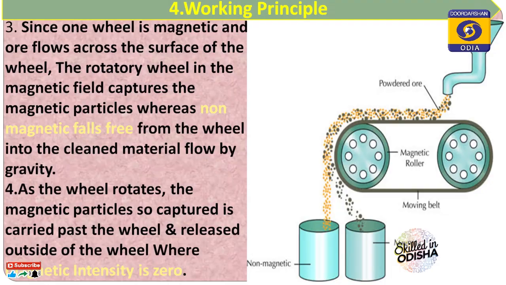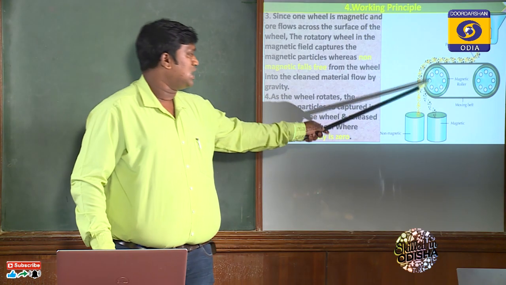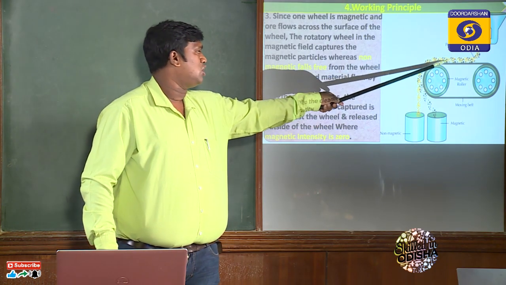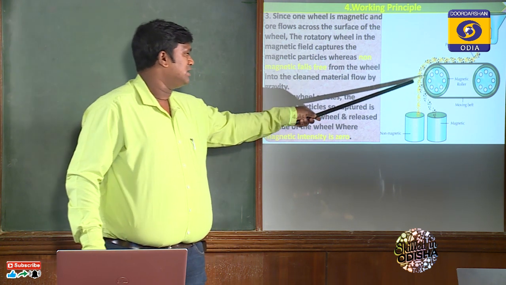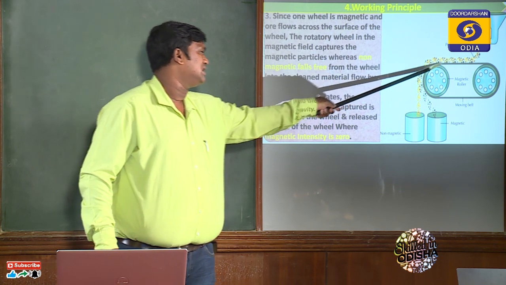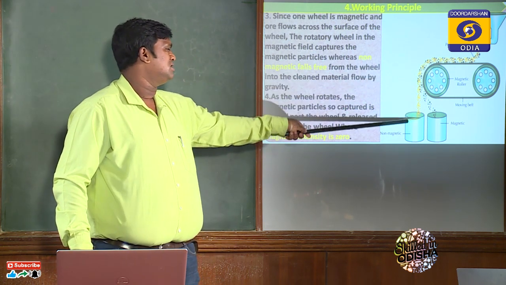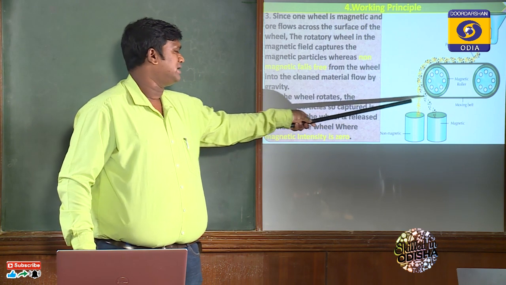Third point: since one wheel is magnetic and ore flows across the surface of the wheel, the rotary wheel in the magnetic field captures the magnetic particles, whereas non-magnetic particles fall free from the wheel into the clean material flow by gravity. All the magnetic particles stick to the magnetic roller, and the non-magnetic particles separate directly by gravity. So here both are separated.